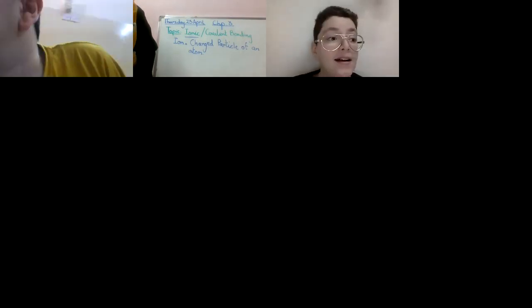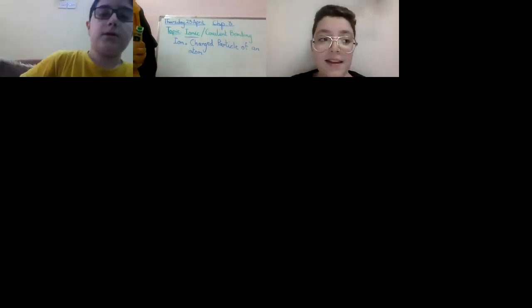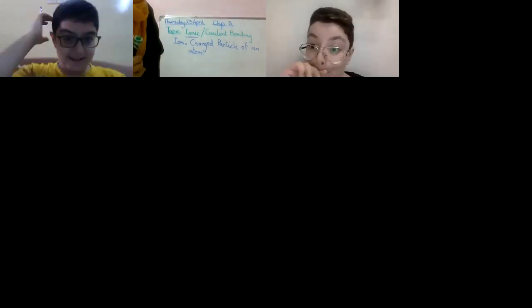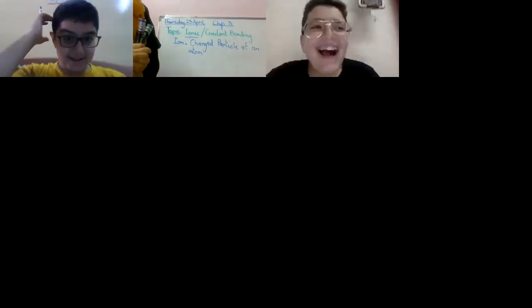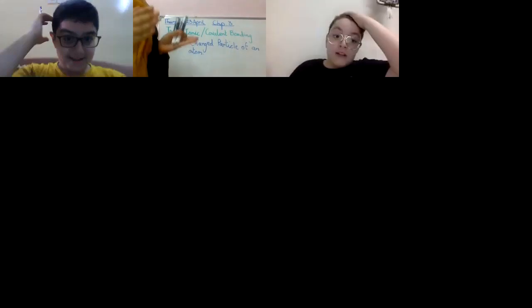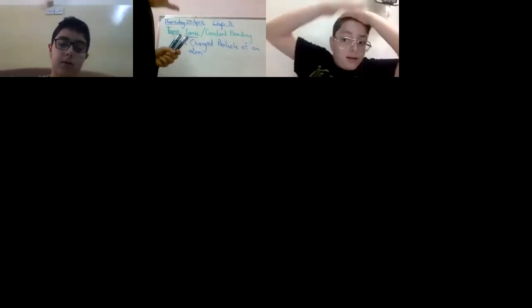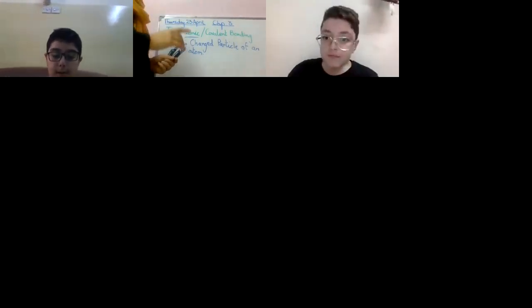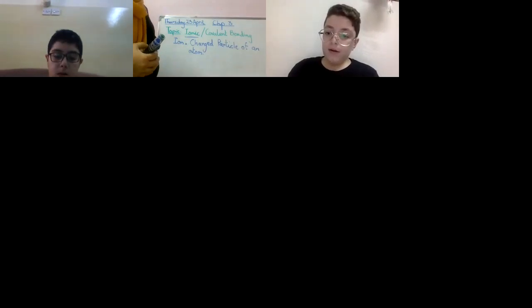So today, again, I will start ionic bonding with the same example. What is ionic bonding? Ionic bonding is the bond which is formed when an atom loses an electron and the other atom gains that electron. Then an ionic bond is formed.